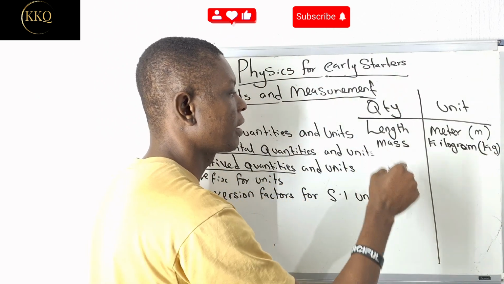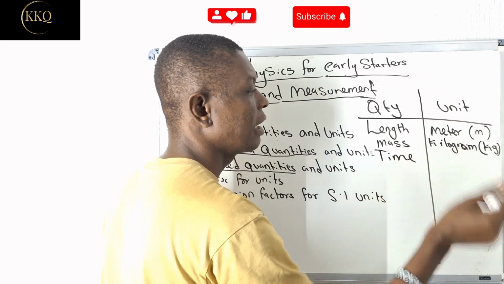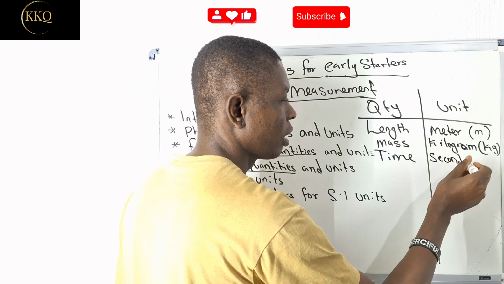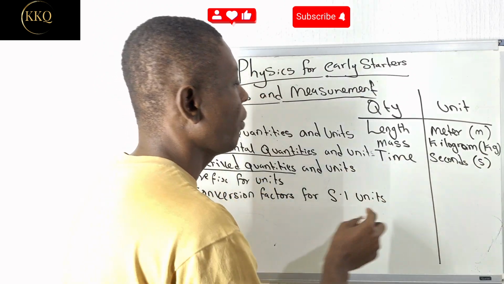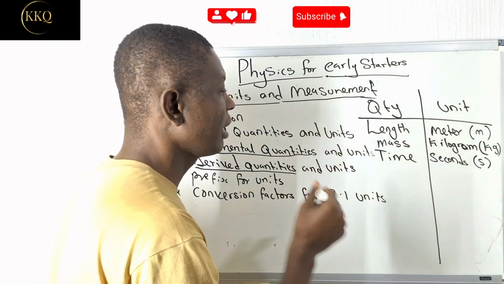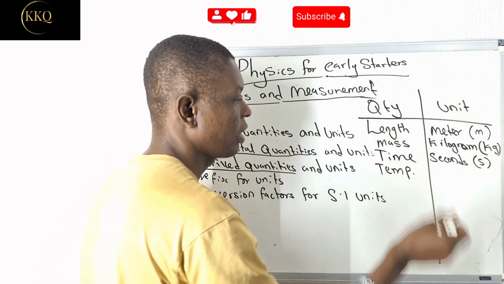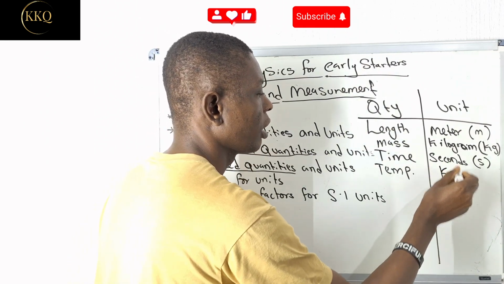Now, the next is time, and its SI unit is seconds, S. Now, another fundamental quantity is temperature. I'll abbreviate it. And its SI unit is Kelvin.